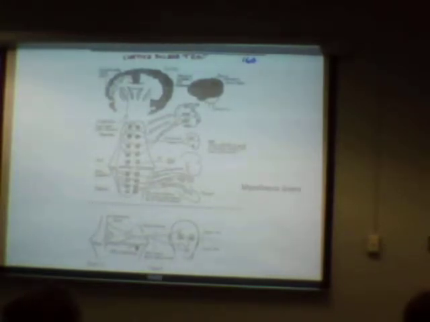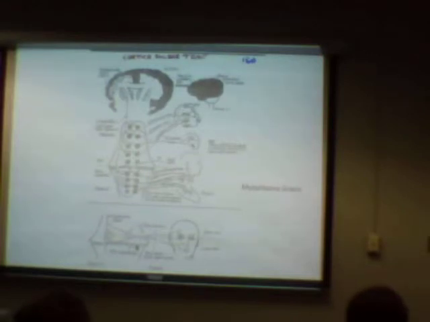But if you have a stroke in the right hemisphere, you're not going to lose your left abducens, or your left trochlear, or your left oculomotor, or left glossopharyngeal, etc., because the right hemisphere is also supplying it. It's a nice redundant backup system for the cranial nerves.